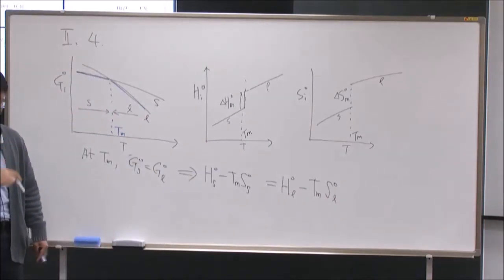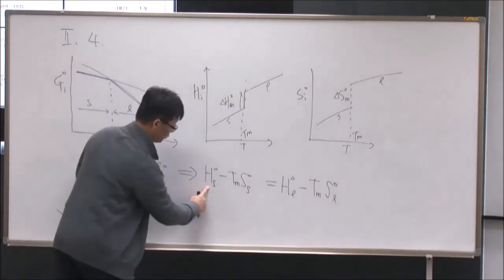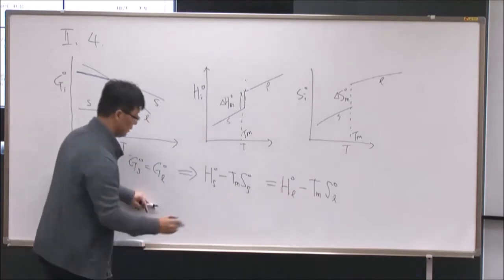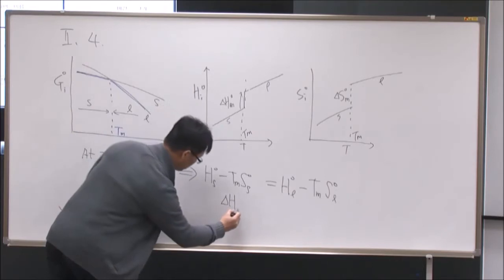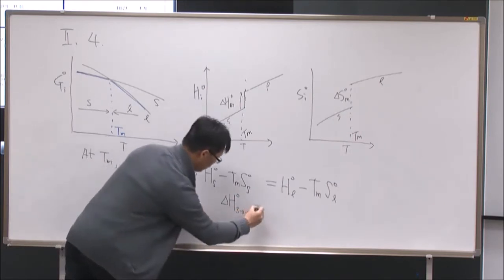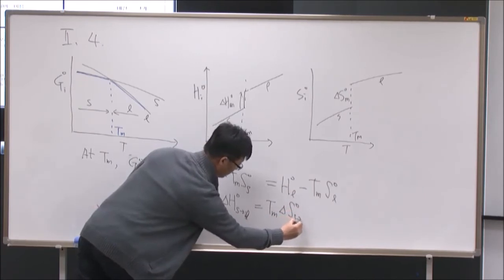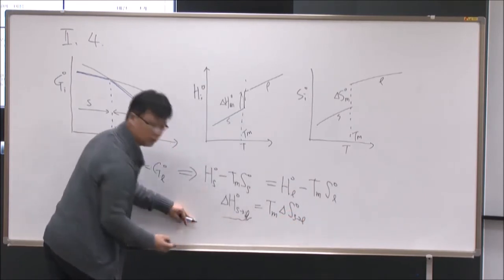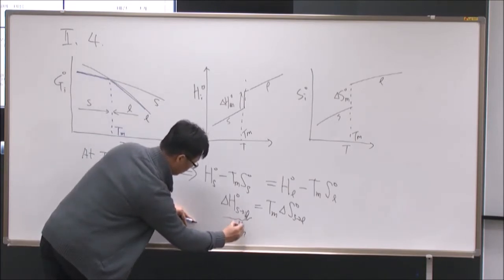At the Tm temperature, this should be the same. Then I can move this to this side, and this to this side. Then we have delta H of solid becoming liquid at Tm temperature equal to Tm times delta S of solid becoming liquid.